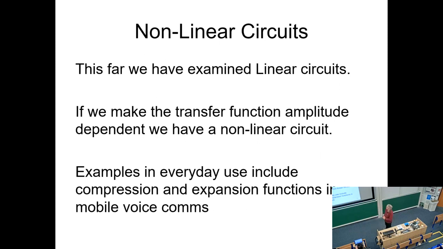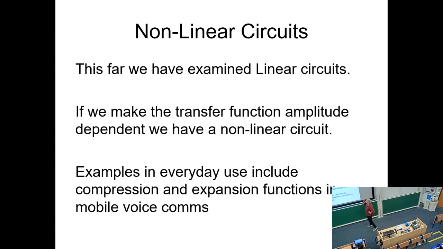So we've looked at linear circuits so far, and we're going to start looking at nonlinear circuits, but we can also put nonlinear elements in the feedback loop and still have a circuit we can analyze with our linear theory, bizarrely. So we're going to look at this then.